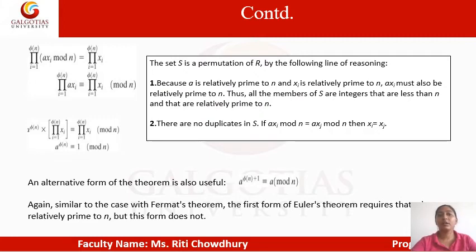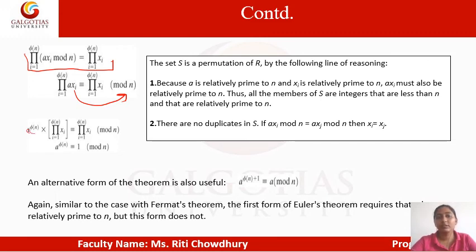Here we can see one property: if we have a times x mod n, that can be written as the product of xi, and this is equal to what we can write directly. We can shift the mod part here. As you can see, the initial equation was this one, and we can directly shift the mod part here. Now we can do the proof: this is a to the power phi(n).